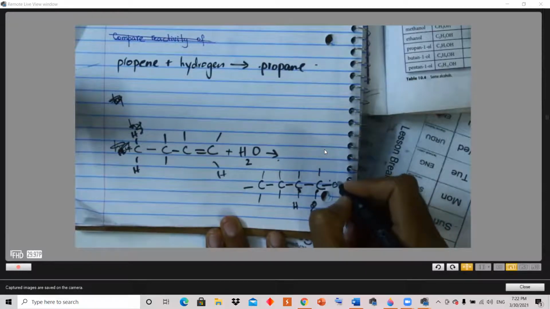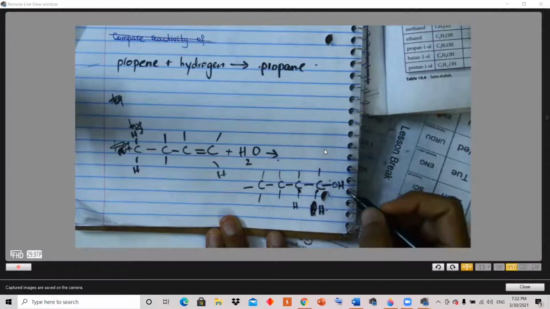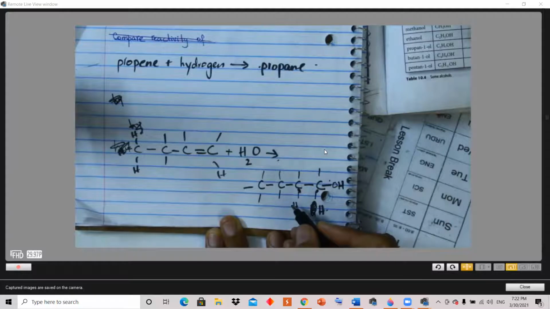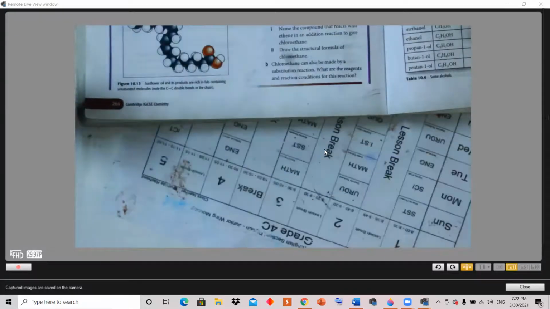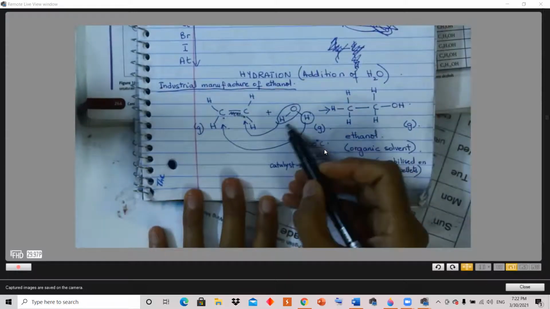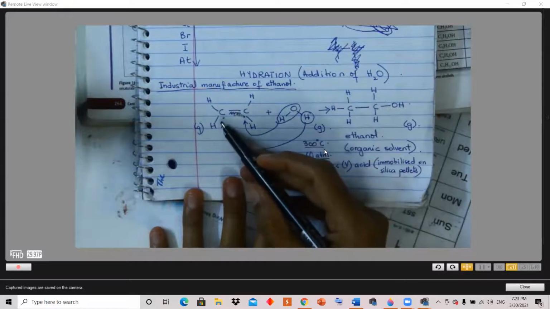Let me write OH here. So the OH came and attached here, and the other hydrogen went and attached here. I can show it this way. The OH came on this carbon and the other hydrogen went to the other carbon.